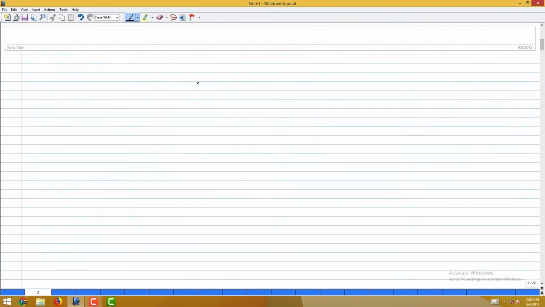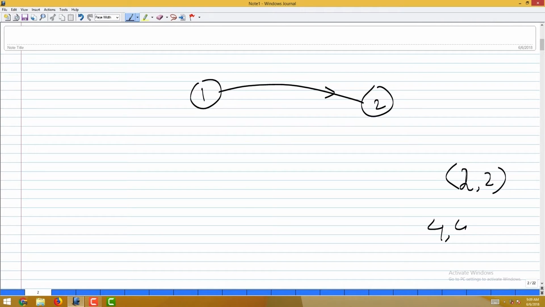So, you can use this A as the set of vertices 1 to n, and when you see the pair 1, 2, you put a directed edge from 1 to 2. So, the relation can be captured by these directed edges. Note that there can be edges of the form 2, 2 or 4, 4, and those will appear as self loops.